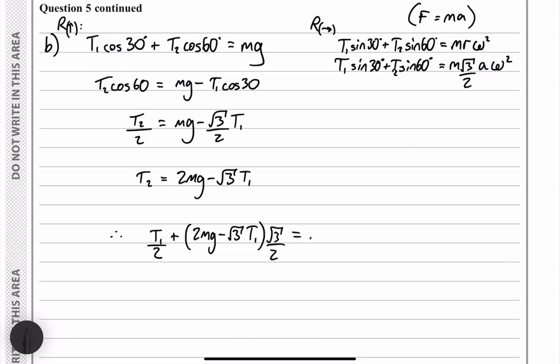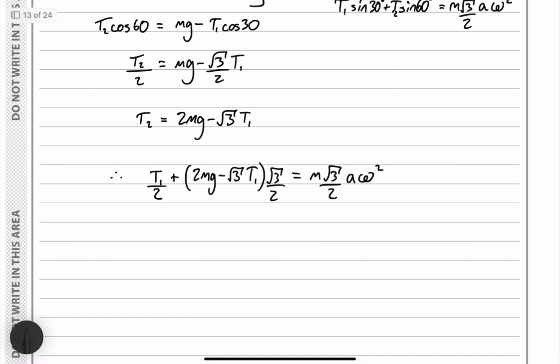And that has to equal m root 3 over 2 a omega squared. Rearranging this to give T1 in terms of everything else. First of all, we can cancel all halves. That's nice. T1 plus 2 root 3 mg minus 3T1 is equal to root 3 ma omega squared.